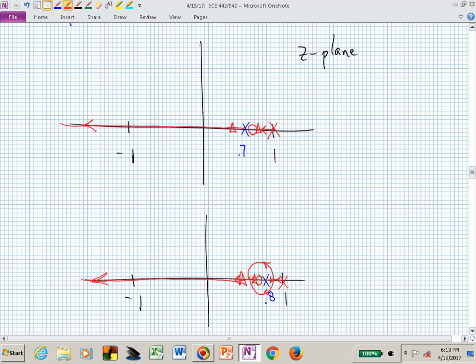Questions on that? So in the first case, the true pole was at 0.7. In the second case, or possibility, the true pole of your system was at z equal 0.8.